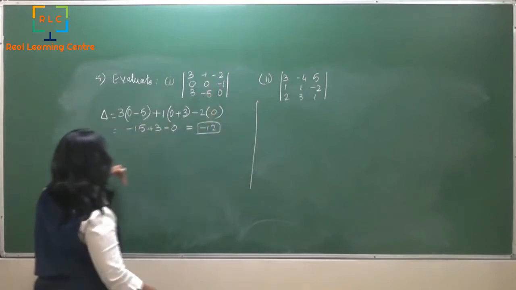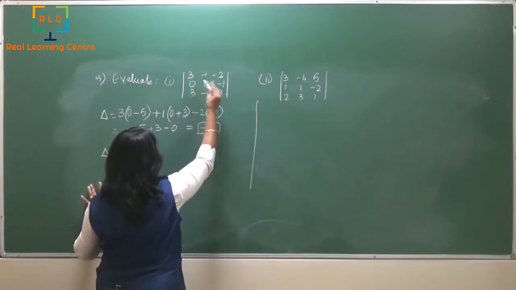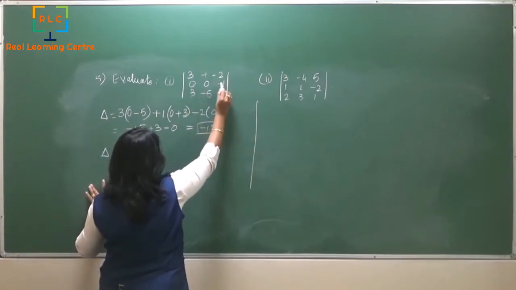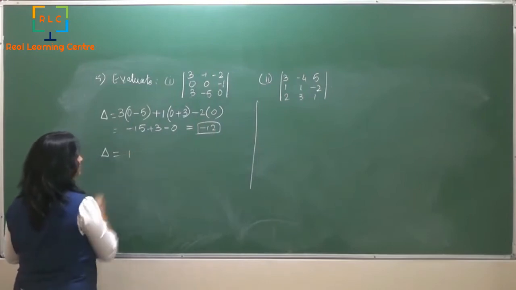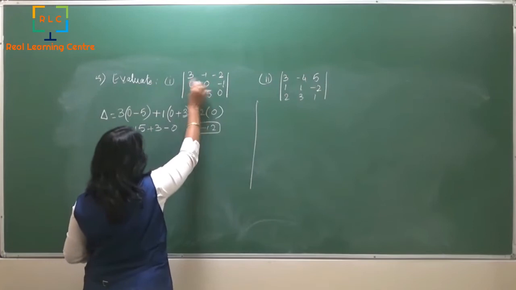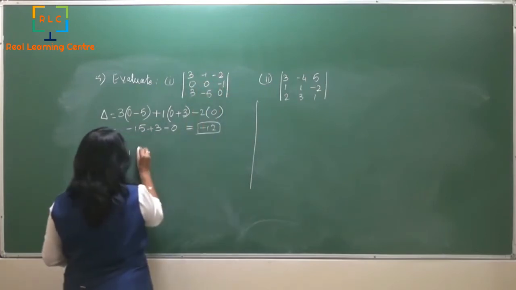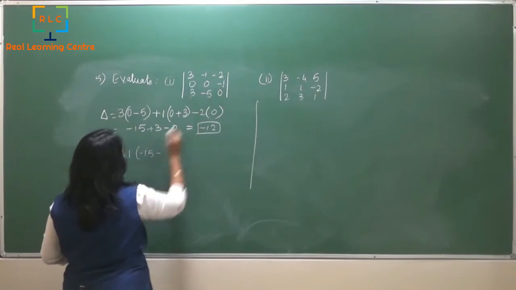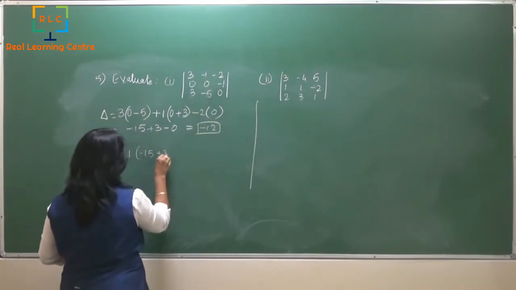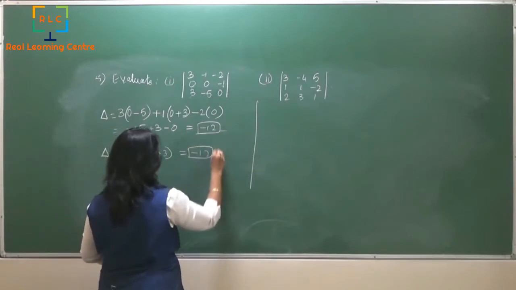So this can also be found out, delta is equal to, along row number 2, 0 0 you forget, this place will have a negative sign, so minus 1 I shall write plus 1, and wherever 1 is present you take out that row and that column, the remaining will be minus 3 into minus 5 is minus 15, minus 3 into minus 1 is minus 3 plus 3. So you got minus 15 plus 3 as minus 12. See, we got the same answer.